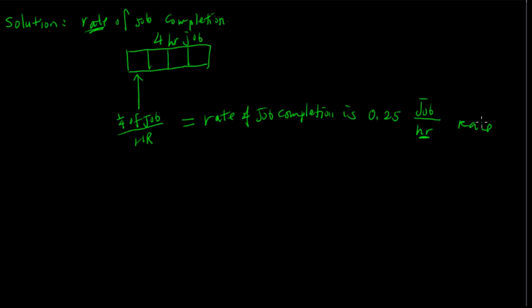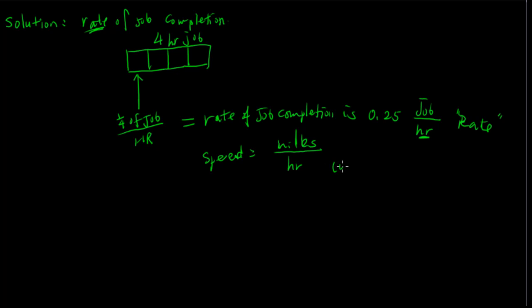Per hour gives us the rate. That's why we call it a rate of job completion, like how fast we can do per hour. This is not too different from our speed. Speed is the miles, the distance we can travel, miles per hour, or per unit of time.